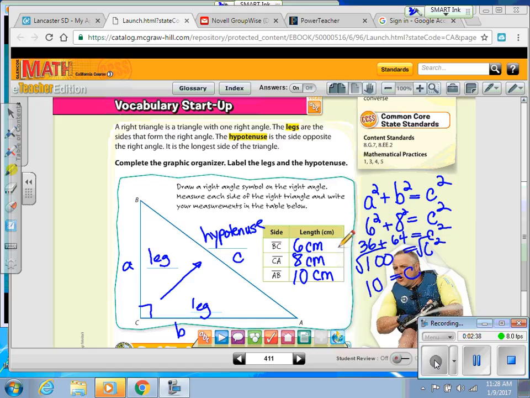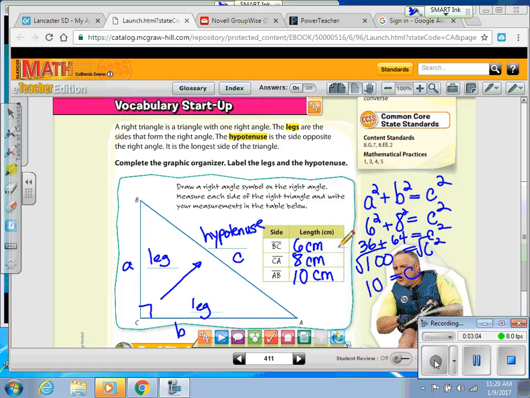All right, so this Pythagorean theorem you're going to use a lot in math, and you have to remember that the sum of the squares of the sides is equal to the square of the hypotenuse. Sometimes they'll give you the measure of the hypotenuse and one of the sides. So you're going to have to do some algebra to figure out what the other side is.